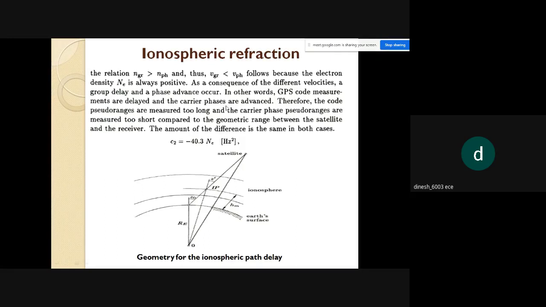We have IP, a point where ionization appears. So the angle formed from the point IP to the satellite is Z dash, which you call a zenith angle, and the angle formed from the mean radius of Earth, from that point to the satellite, is Z naught, which is your observed zenith angle.